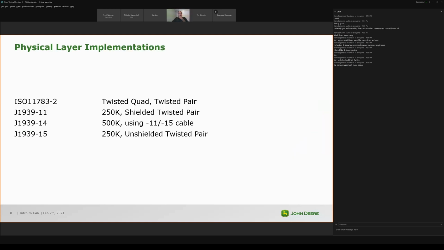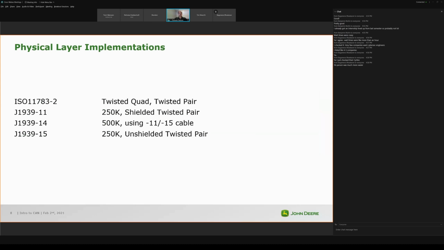Okay, moving on, implement. So basically we have primarily two physical layers or standards. Within that one, they're differentiating it as a 250K that's shielded or unshielded, 500K.